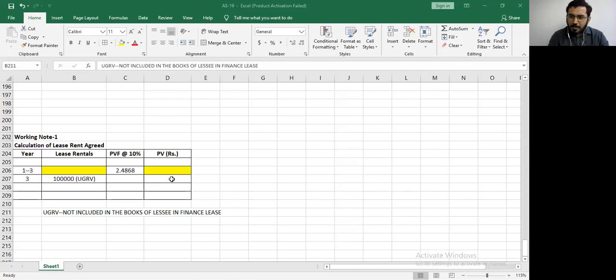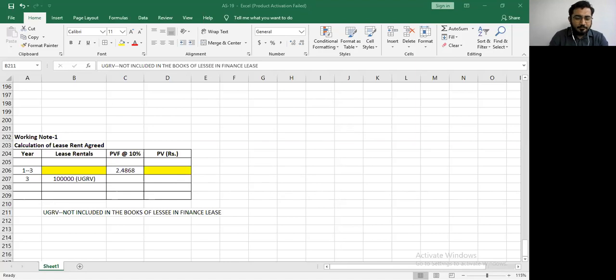Okay, but my question to you is, when I'm making this lease rental, when I'm preparing this working, have I decided whether this is finance lease? जब मैं ये बना रहा हूँ, क्या मुझे अभी तक पता चल गया है कि ये फाइनेंस लीज है, ऑपरेटिंग लीज है? When I'm making this working, do I know is it finance or operating lease?